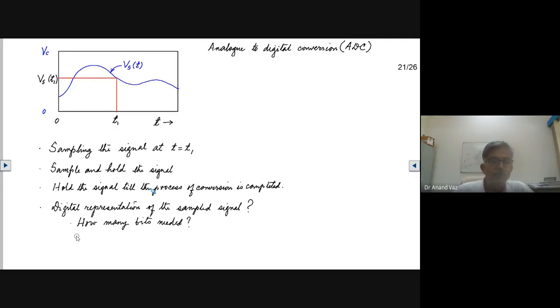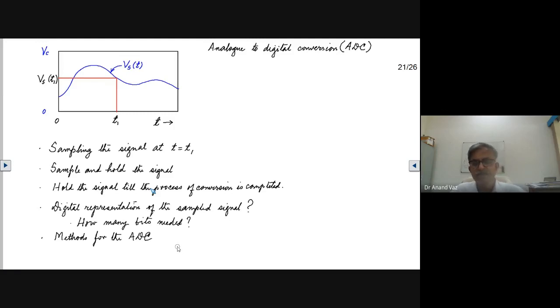Now, there are certain methods for this conversion. So what are these methods for the analog to digital conversion?